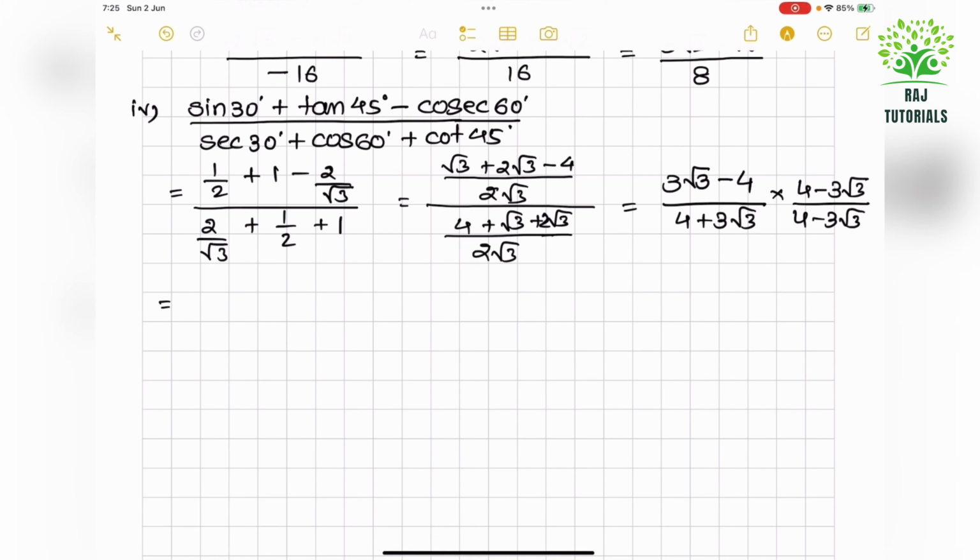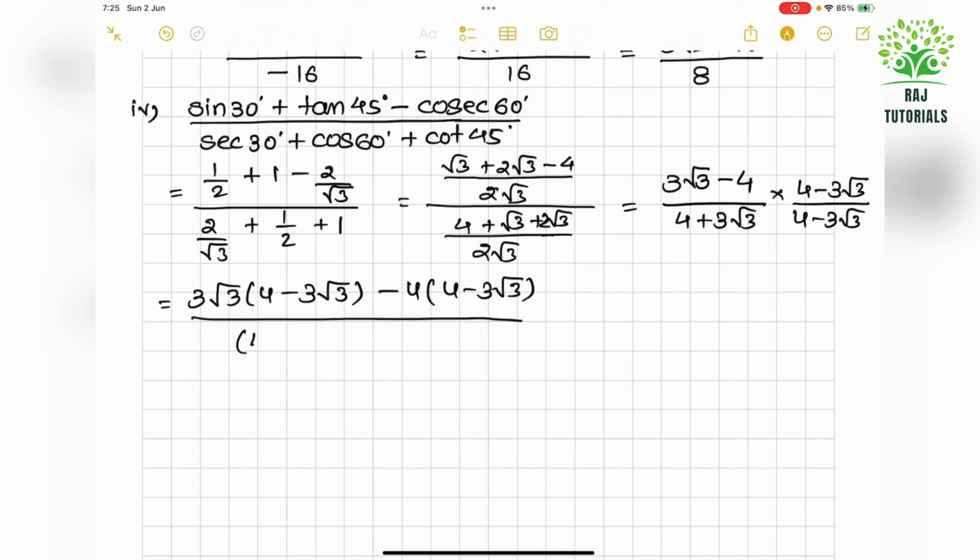Rationalizing the denominator, so I will get 3 root 3 into 4 minus 3 root 3 minus 4 into 4 minus 3 root 3 upon 4 whole square minus 3 root 3 whole square.